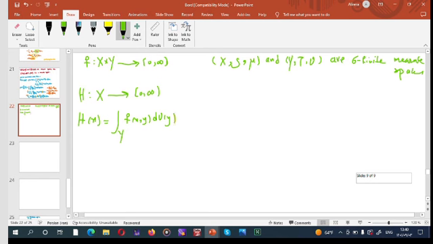We know that in this integral x is a fixed element, so we write, for example, by this notation, okay, this cross section of f, d nu(y), so that this is a function of the variable y only.